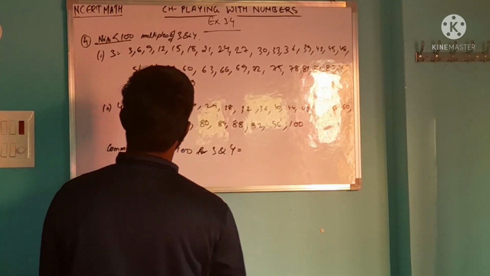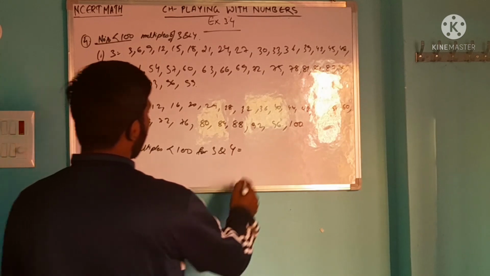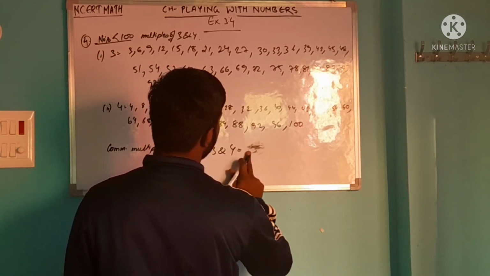Through all these numbers, our first common number is 12. Sorry, it is 12 not 14.